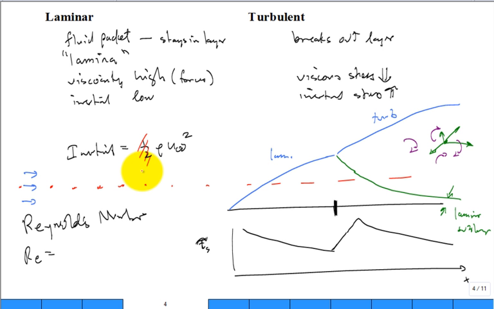If I bring fluid to rest, I will have a higher pressure. That increase in pressure is the dynamic pressure, 1/2 rho u infinity squared. So that's our inertial force per unit area. So we put that in the numerator. We'll have rho u infinity squared. What about the viscous?